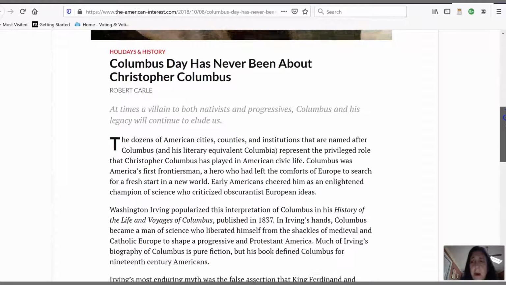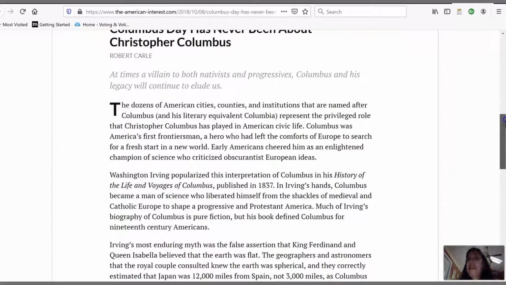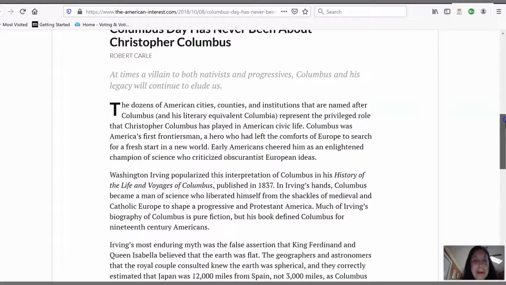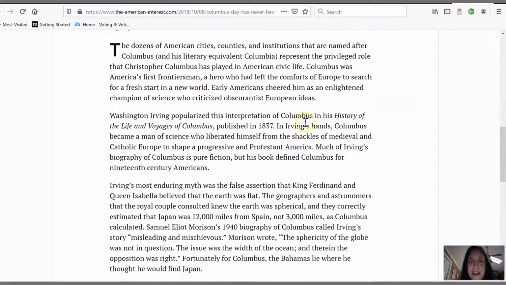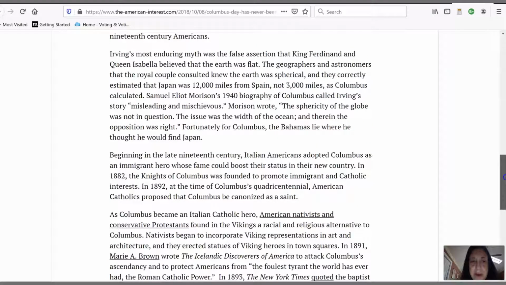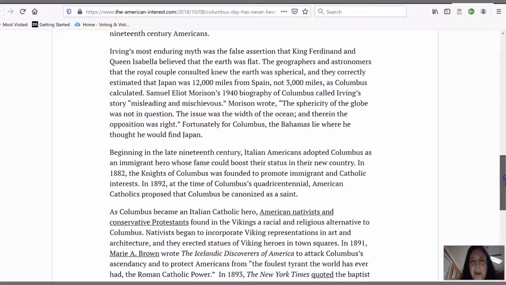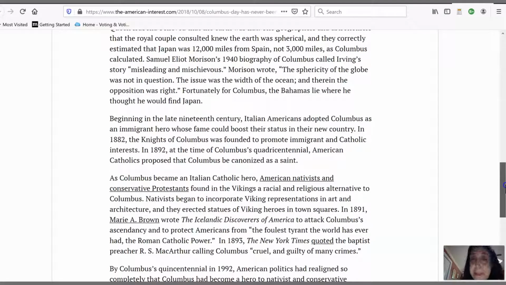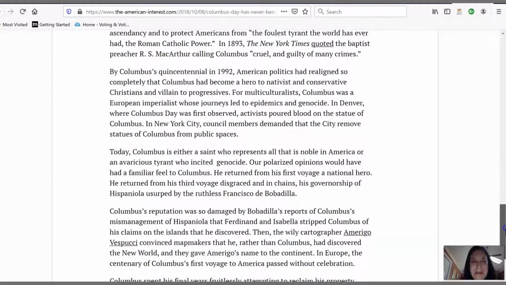It's actually like a light version of the one we were looking at in EBSCO. And he talks a little bit about the history, again, from the 1830s when Washington Irving wrote the history, the life and the voyages of Columbus. And he talks a little bit about the beginning of the 19th century. Italian Americans adopted Columbus as an immigrant hero, and how Knights of Columbus was founded to promote immigrant and Catholic interests, and they were named Columbus, after Christopher Columbus.